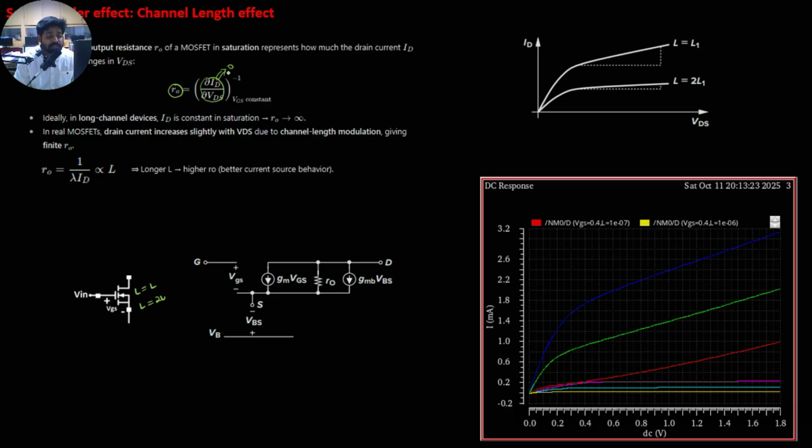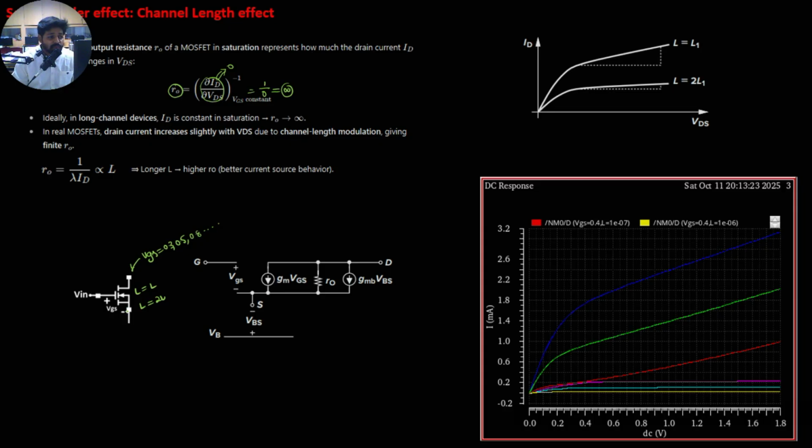So 1 upon 0, it will be infinity, once there is no change with respect to VDS even though you are changing VDS. So here you are applying VDS equal to 2 volts, 0.3 volts, 0.5 volts, 0.8 volts, and as we are increasing, different values over here.